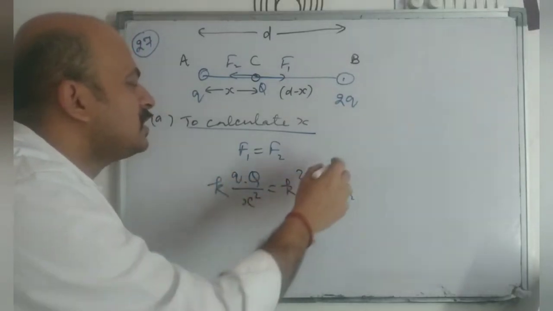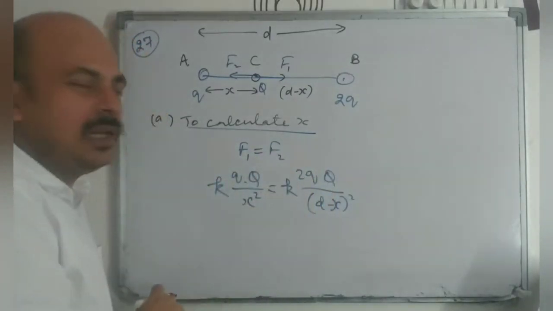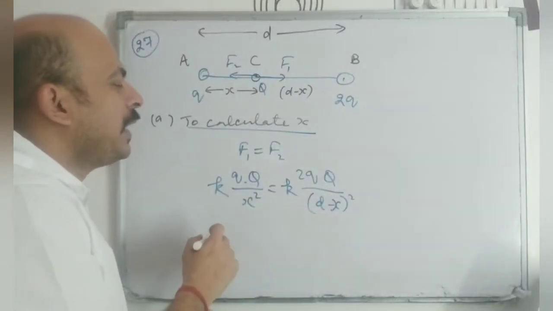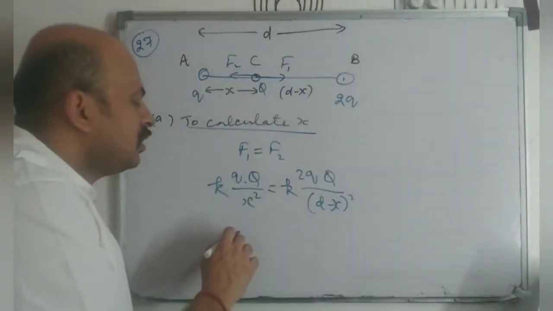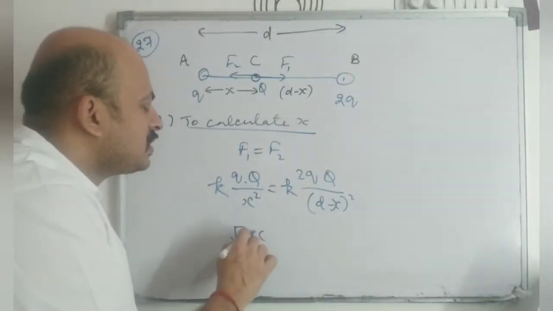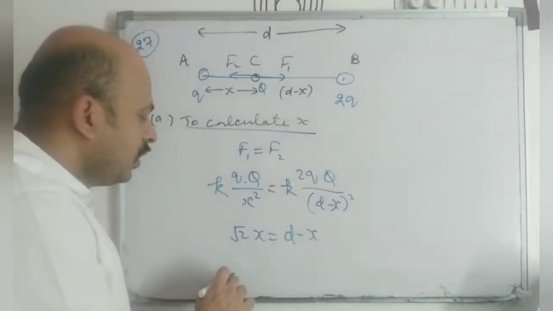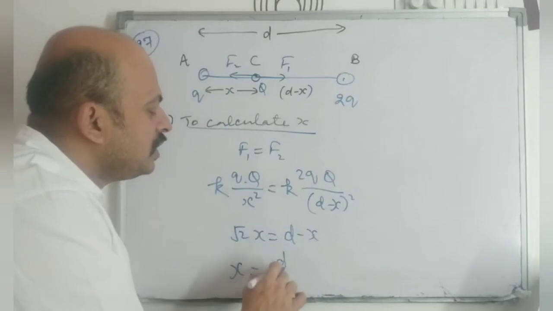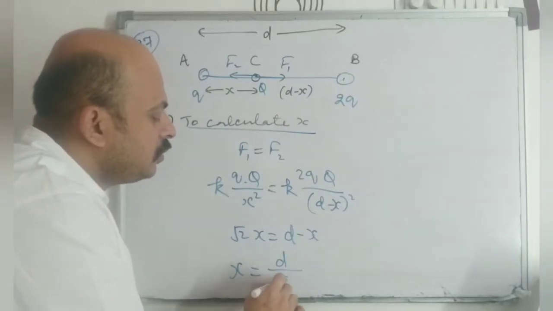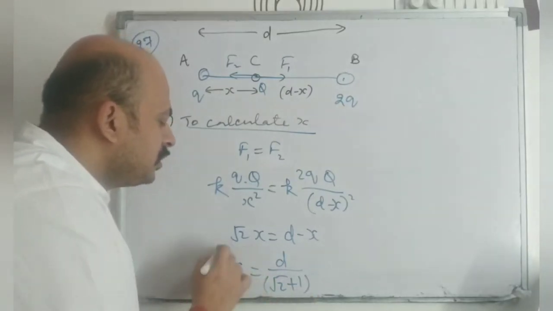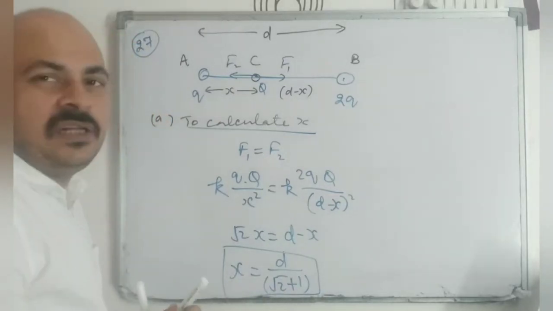Now K and K cancel, small q and capital Q cancel. Taking a square root on both sides, you will get root 2 x is equal to d minus x. Now x will be equal to d upon root 2 plus 1. This is the position x in terms of d.